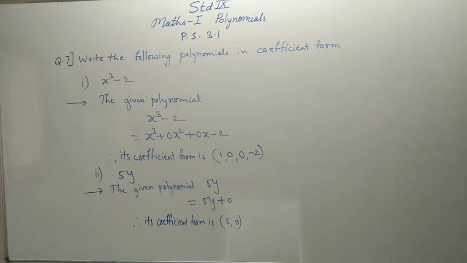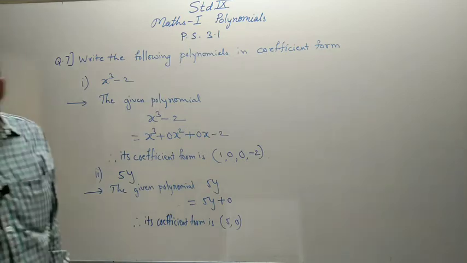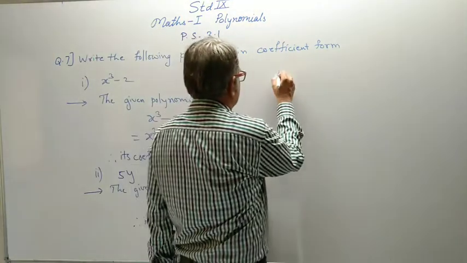Then third, 2m raised to 4 minus 3m square plus 7.